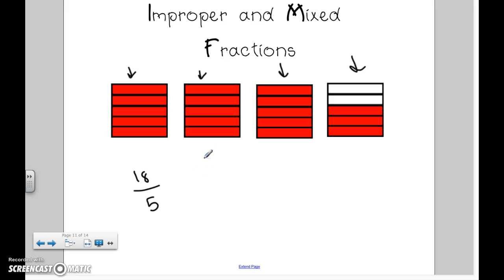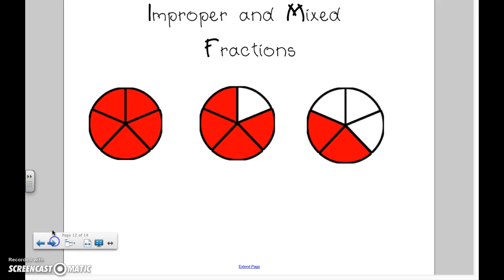Now, for my mixed fraction, I'm going to mix it up with the whole number. So I'm going to say that there are 1, 2, 3 completely shaded in red and 3/5. So 3 wholes and 3/5. There are 3 whole rectangles filled in and 3 out of 5 filled in on that one.